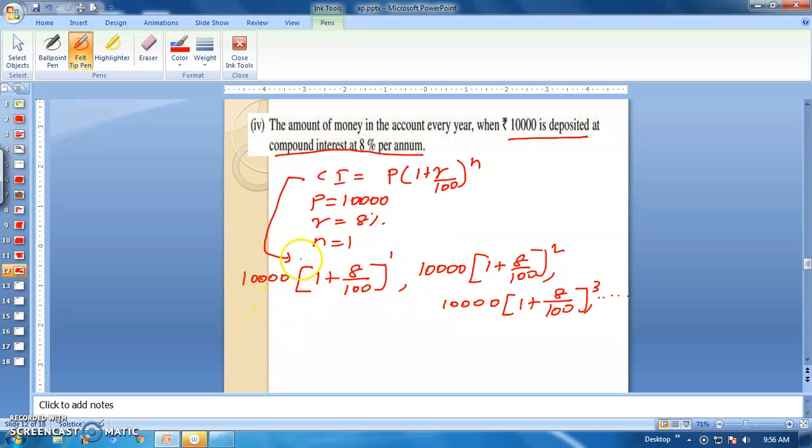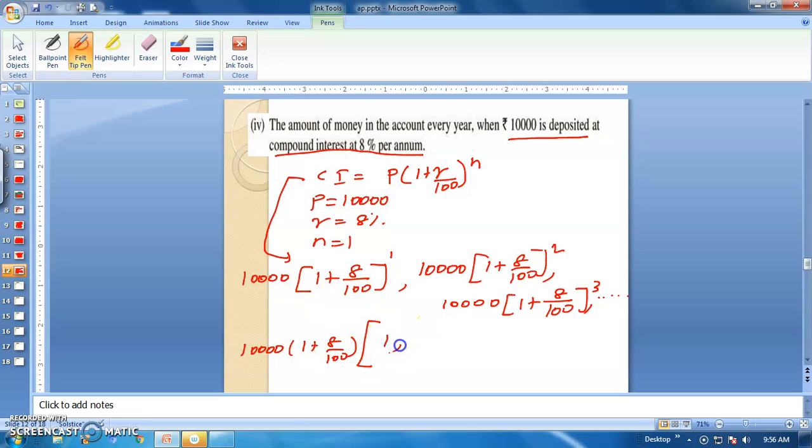Now simplify this. In each term 10,000 is common, as well as 1 plus 8 by 100 is also common. If you take this as common, what about the remaining?